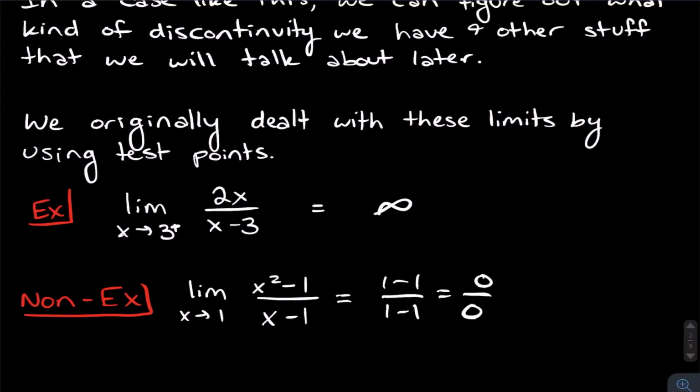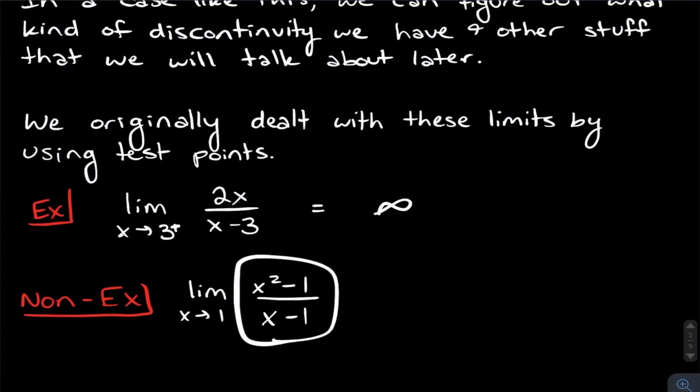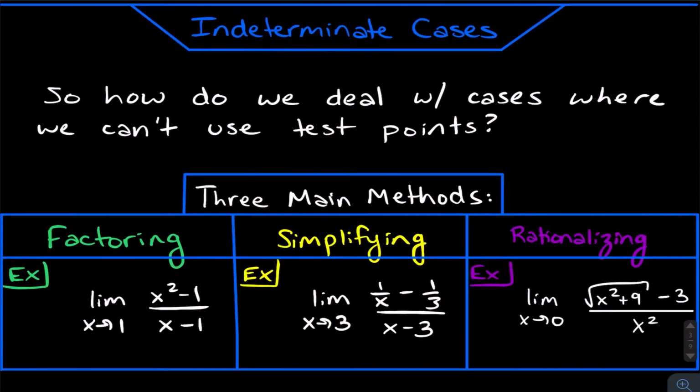This is a problem, because if you try to approach 1 from one side or the other, you end up seeing that both of these are going to 0, so how do you actually know what's going on? Using test points is really obnoxious in this case, and you probably can't come up with a good answer. So we're going to talk about how we can actually solve those cases, and that's in our next section on indeterminate cases.